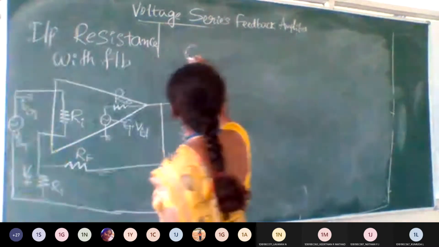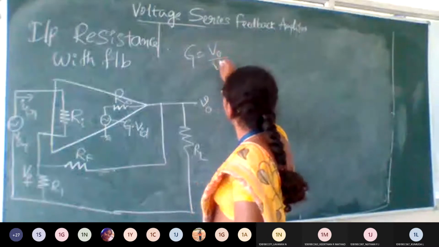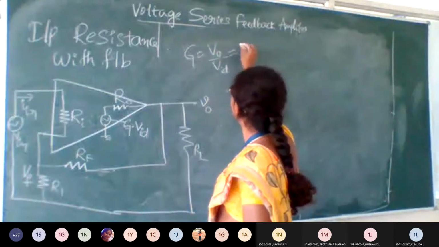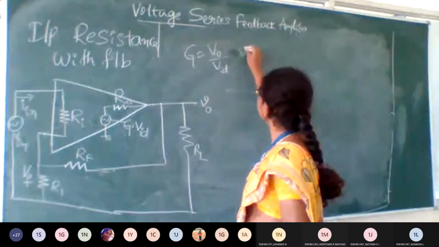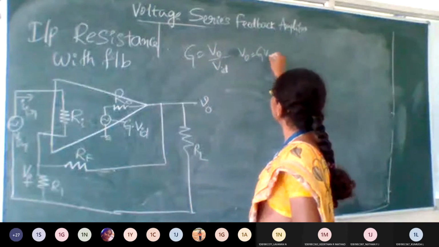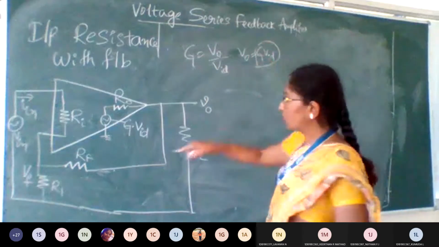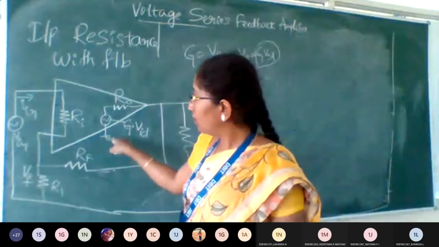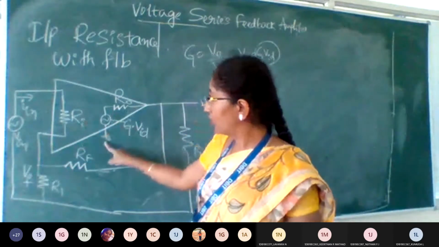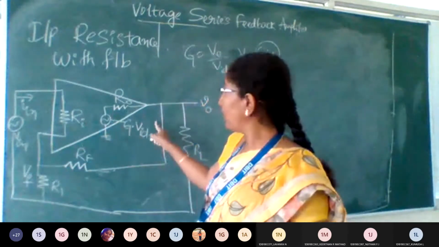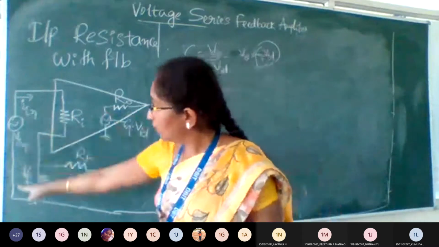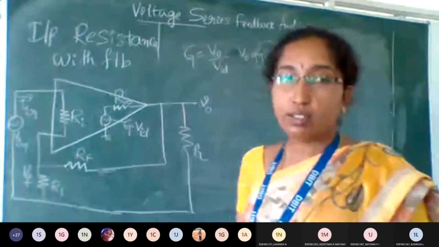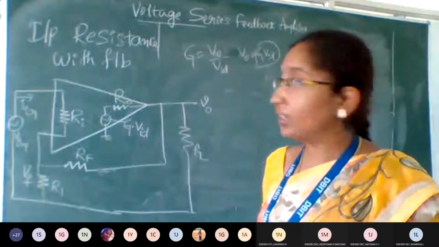You know that gain is V0 by VID, so V0 will be G times VID. It is grounded here because we are finding input resistance. When you are finding output resistance, this will be grounded. That is Thevenin's theorem we need to apply here.